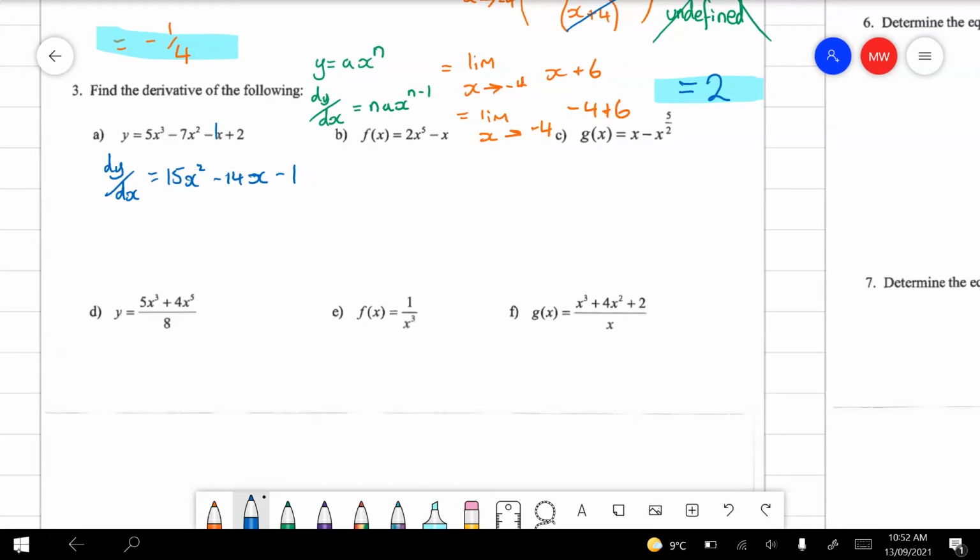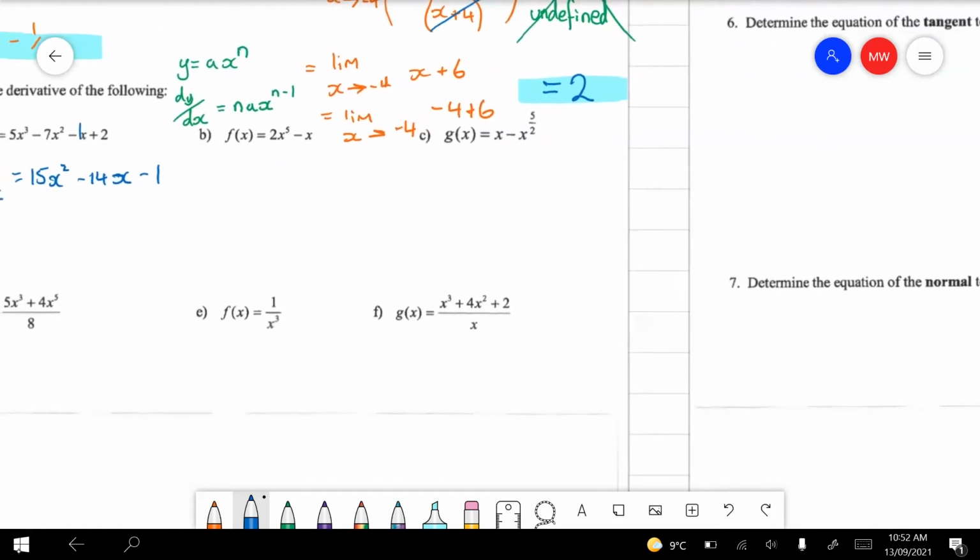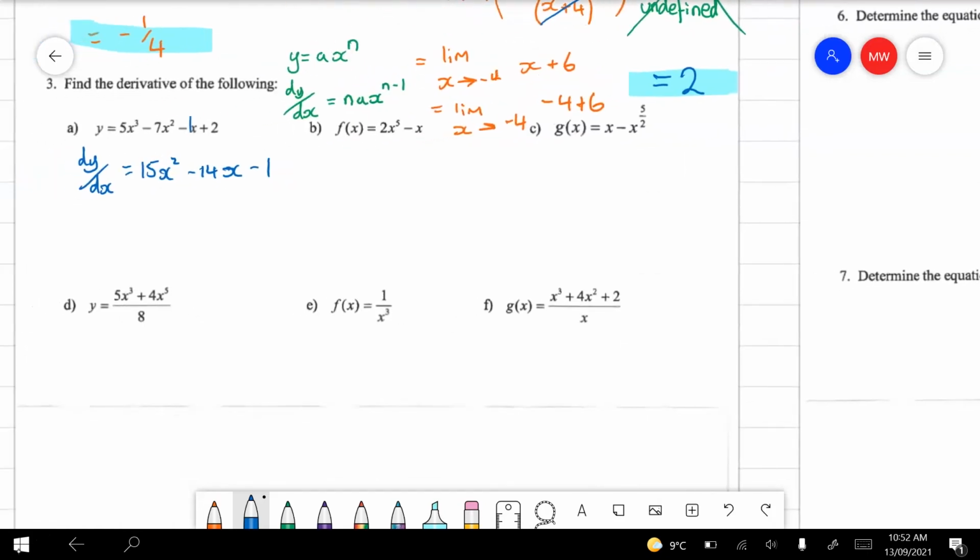Alrighty, moving on. This time we've got f(x), so we're going to find the derivative function, or f dash x. 5 times 2 is 10, and 5 minus 1 is 4. And a minus 1 on the end there.